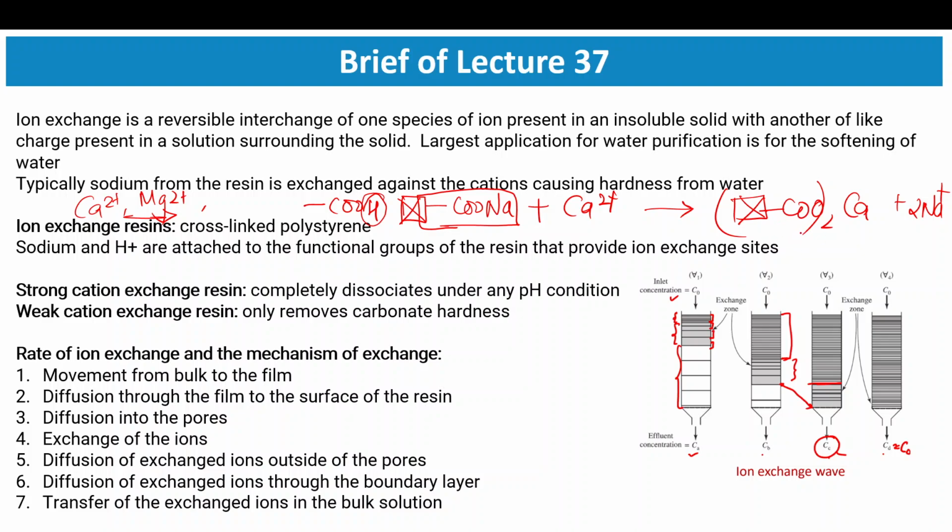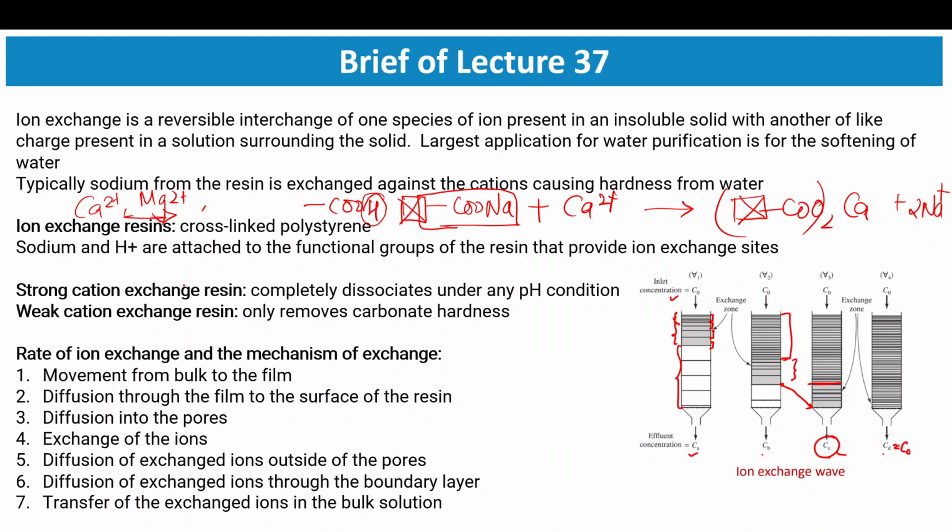Now the efficiency of this process completely depends on various factors. These factors can be the choice of resin, the affinity between the resin and the cation, because you might be targeting various cations, and the existing parameters of water.